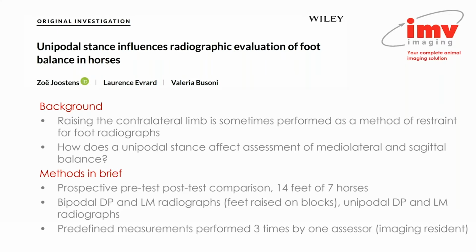So the feet were raised on blocks and the horse was evenly weight bearing. And they also did the same with the contralateral non-radiographed limb being lifted to simulate that method of restraint. They had predefined measurements, and these were all performed 3 times by one assessor who was an imaging resident.